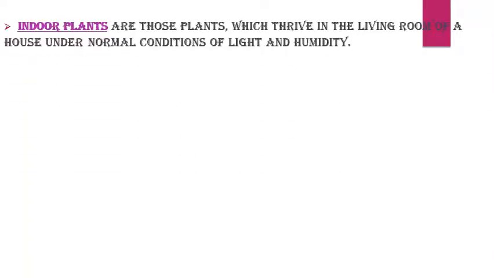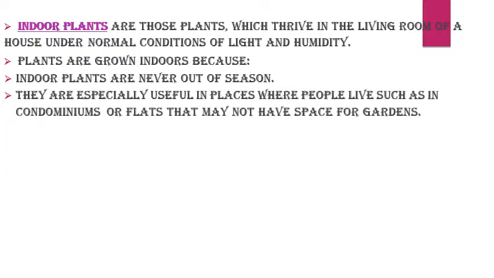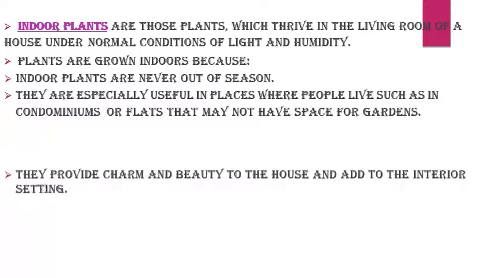Indoor plants are those plants which thrive in the living room of a house under normal conditions of light and humidity. Plants are grown indoors because indoor plants are never out of season. They are especially useful in places where people live, such as in condominiums or flats that may not have space for a garden.